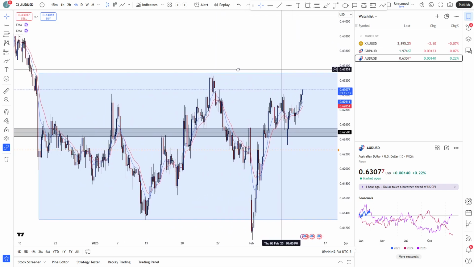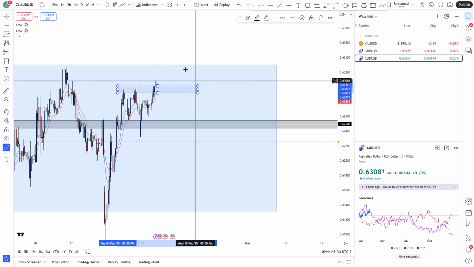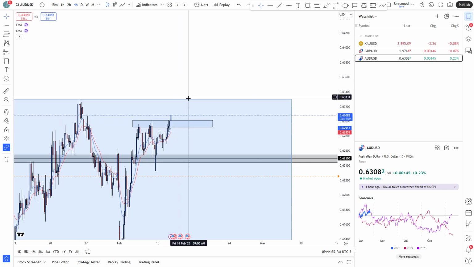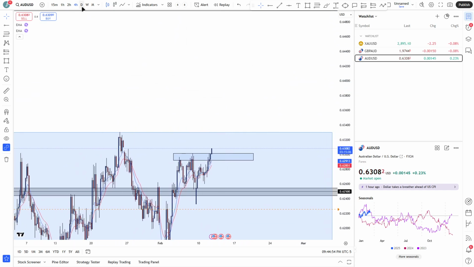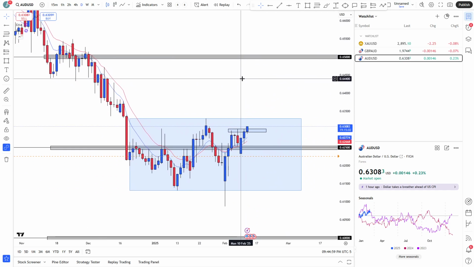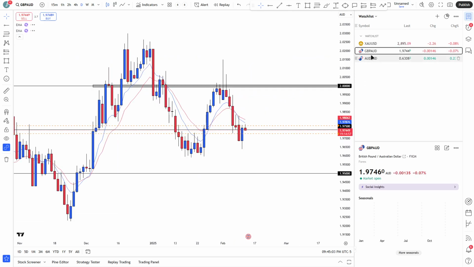But honestly, either would want to see a pretty strong retest of this area and then push up, or a breakthrough of this area and then retest and push up. But it's going to be a pretty slow wait for AU for any entries.